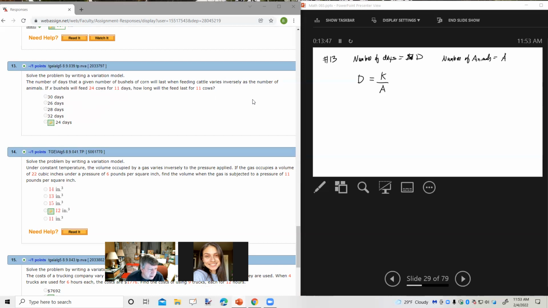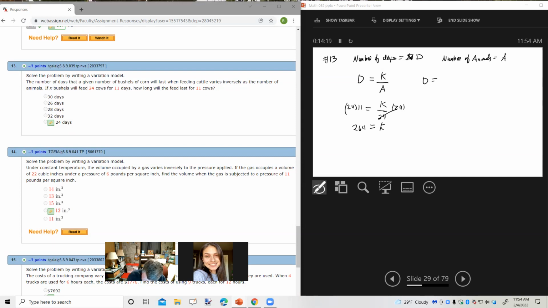It says we can feed 24 cows for 11 days. So the number of days was D, so that's 11. The number of cows was A, so that's 24. Okay? So I'm going to multiply both sides by 24. And if we take 11 times 24, we get 264.